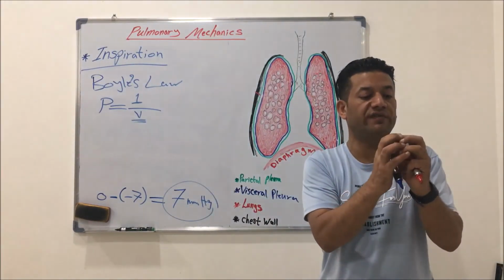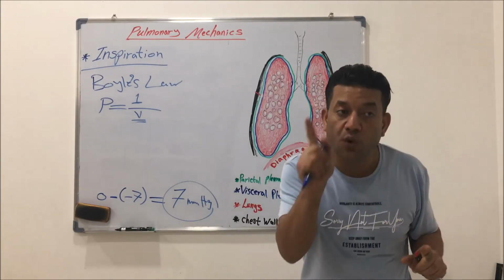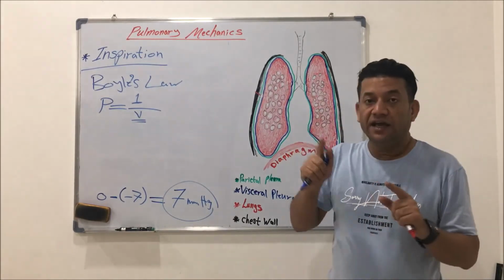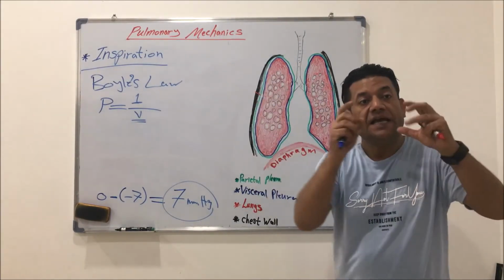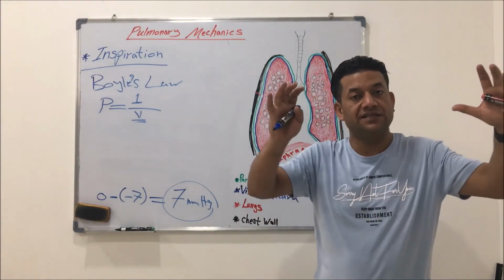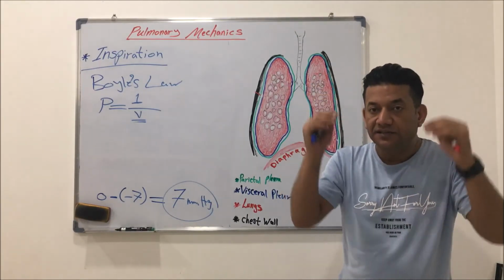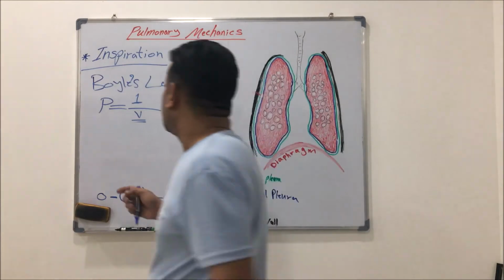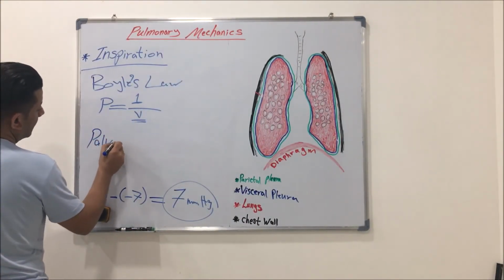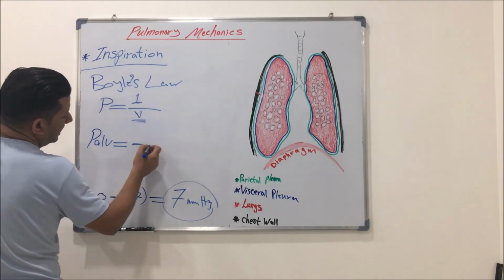When the size of the alveoli increased, the pressure of the gas, which was 0 between breaths and equal to atmospheric pressure, now decreased, and becomes, for example, -3.